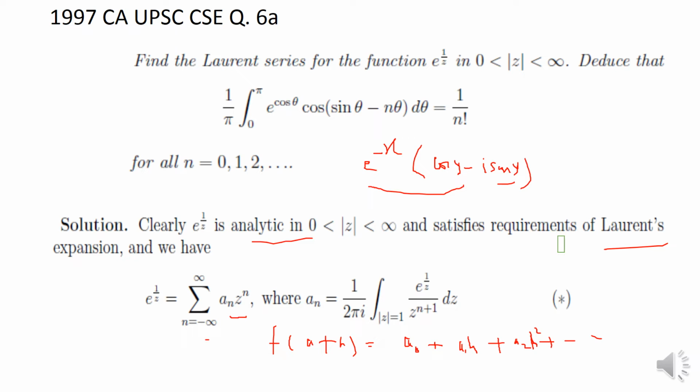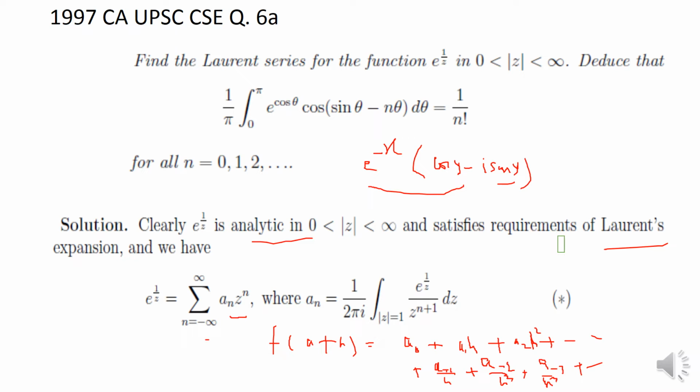And second part will be plus a suffix minus 1 upon h plus a suffix minus 2 upon h square plus a suffix minus 3 upon h cube, and so on.